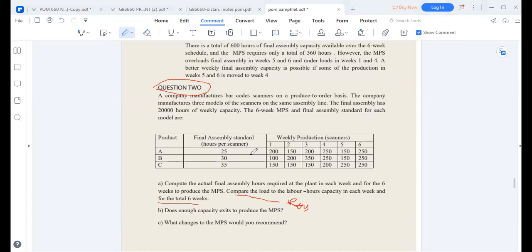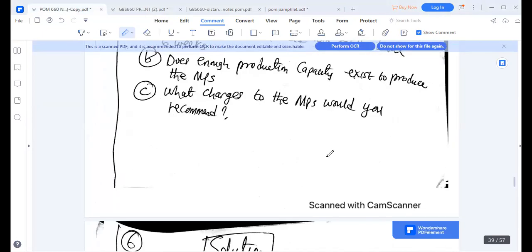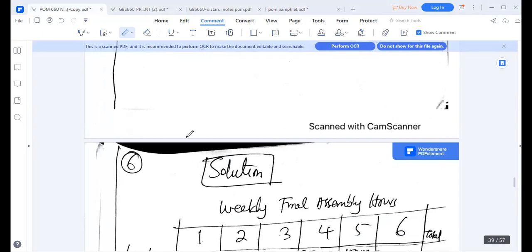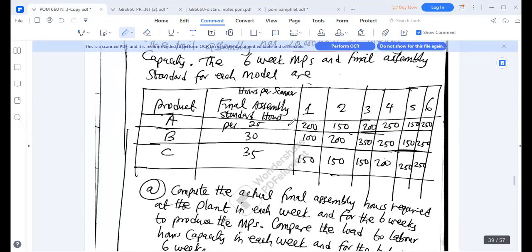Now we have to start multiplying and getting the total loading. For the solution, we multiply 25 by each of the weekly productions of A, 30 by each of those for B, and 35 by each of those for C. Then you find the loading in that given week.